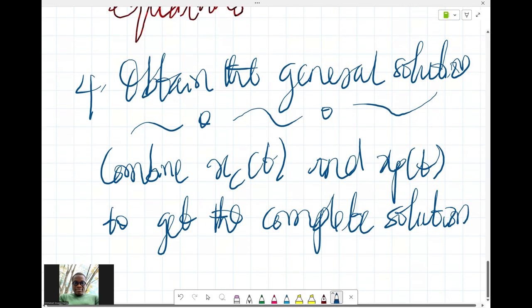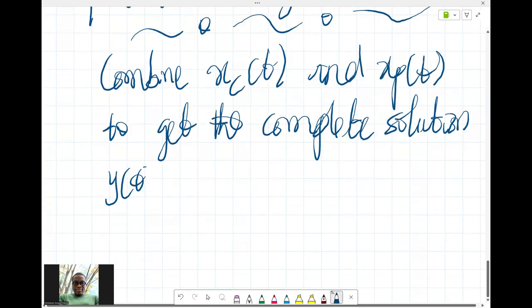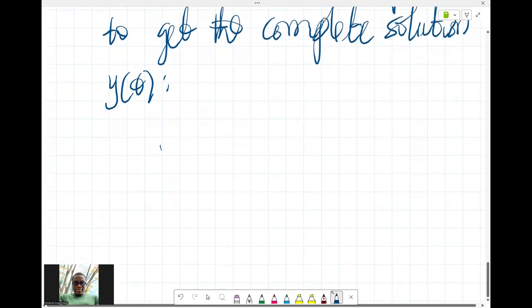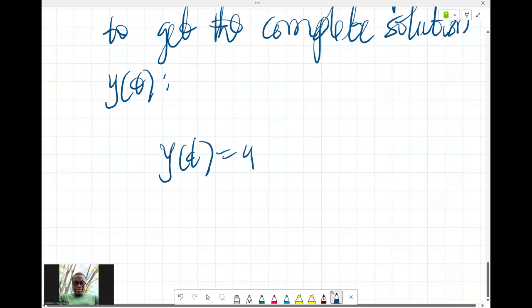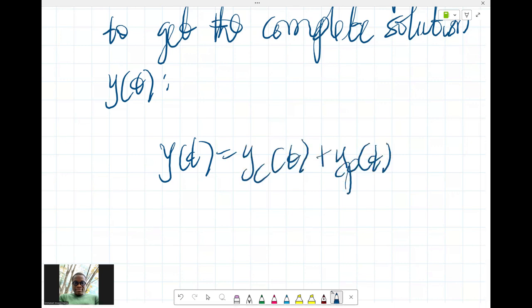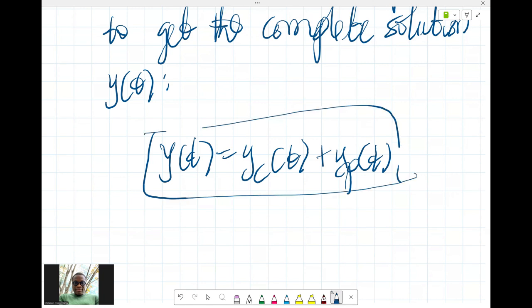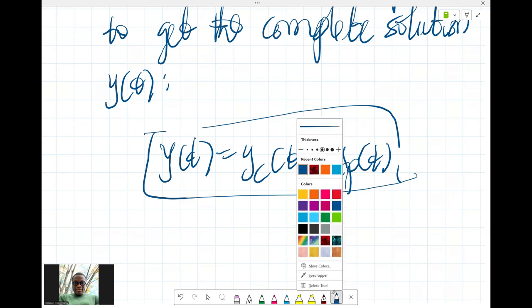In essence, you're looking for y of t, which is equal to yc of t plus yp of t. We've done this a lot already. So that's how we go. Can we switch gears now and move on to some solutions?